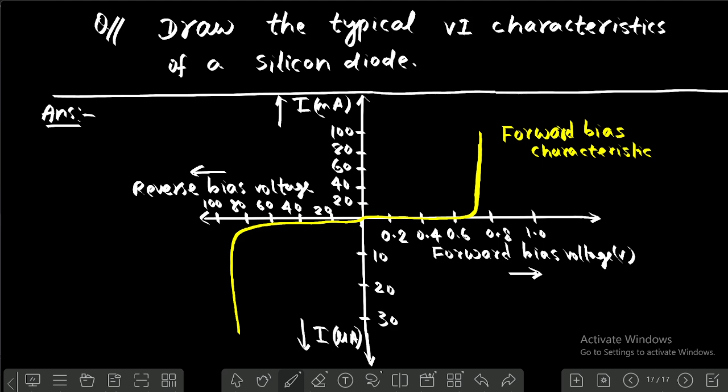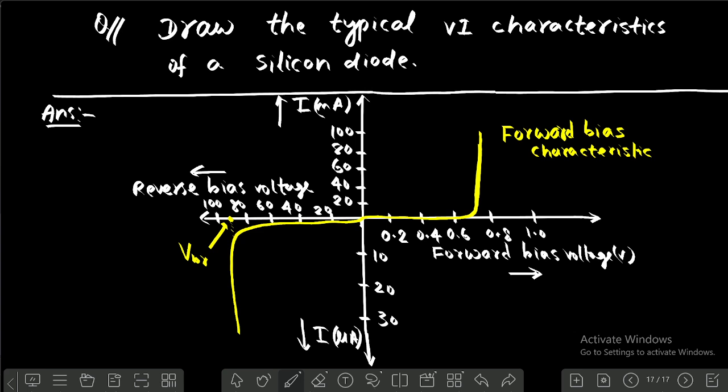This region is called the saturation current region. After that, at V equal to VBR, the breakdown voltage, the current is increasing sharply. Yes or no? So this is the diagram for VI characteristics of a silicon diode.